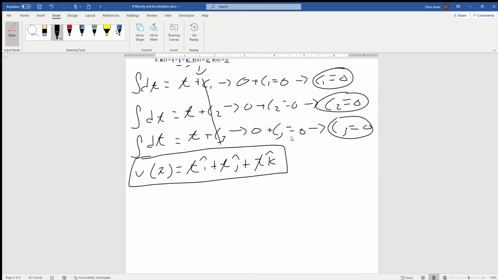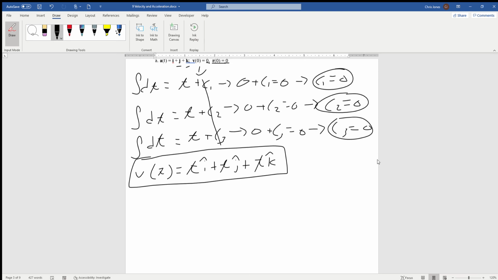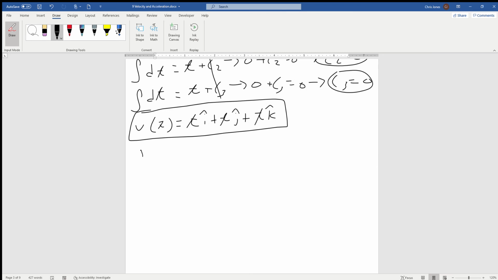All right, now we need the position function. And we did say that the position function at 0 is equal to 0. So we're going to see something very similar to the previous, where all of our constants are going to go to 0. Right? So now we're going to integrate t with respect to t. That's 1/2 t squared plus c4.